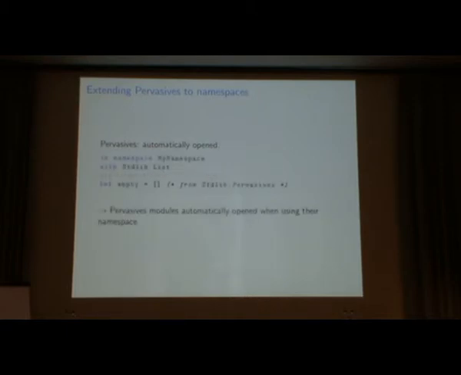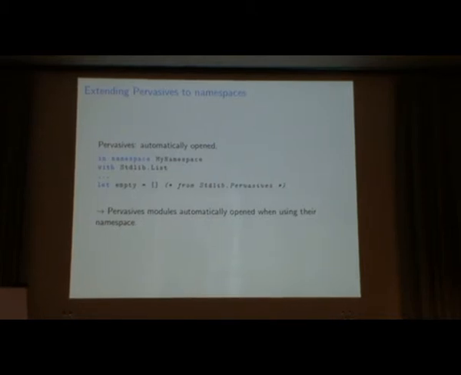Another extension is that we can extend pervasives to use namespaces. For example, with the standard library, pervasives is automatically opened. What we can want is that any module that is named pervasives is automatically opened. So for example, if I use the stdlib right here, I only import the module List, and I use the empty list constructor, which comes from pervasives.